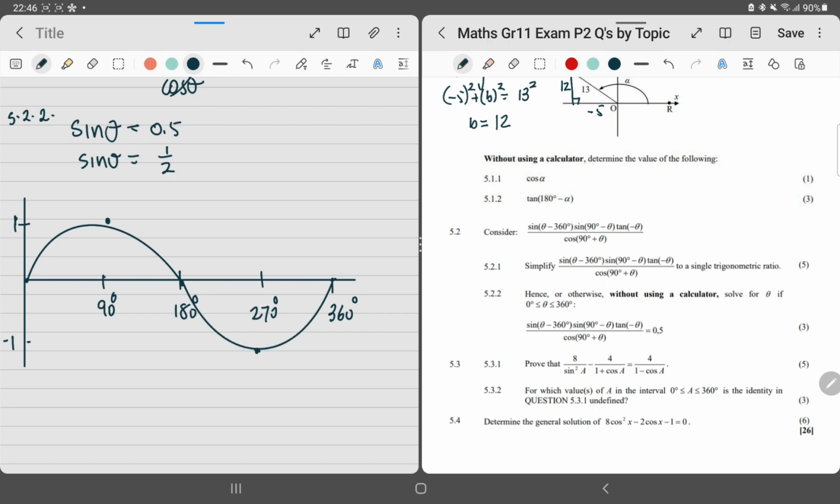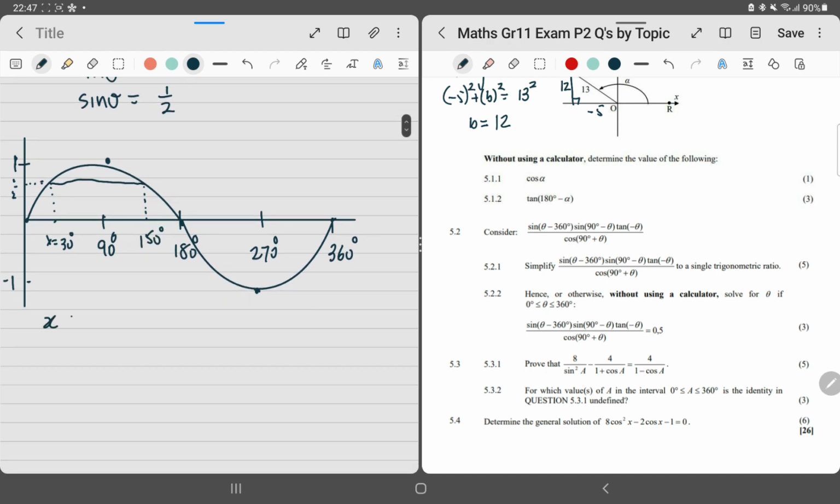This is what the graph of sine looks like. So you'll find that at x equals 30, you'll get the y value of a half. And also at x equals 150. So x is an element of 30 degrees and 150.